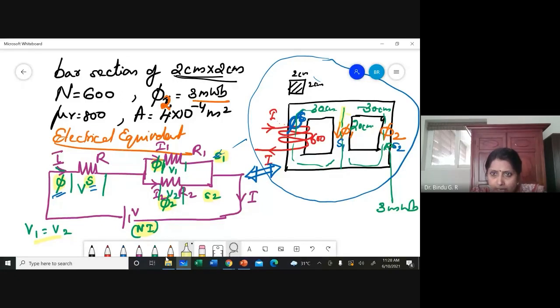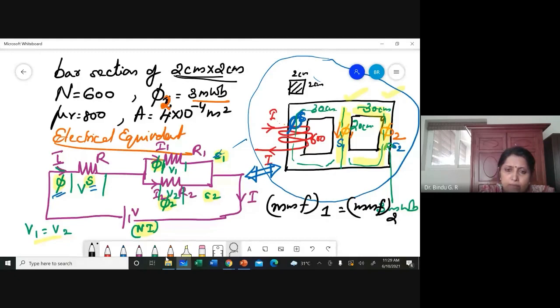So, these are the two parallel paths, okay? So we can say that the MMF in this part is the same as the MMF in this part because they are parallel. So that is where we start. MMF in the first path is the same as MMF in the second path, and we are going to do the calculation accordingly.